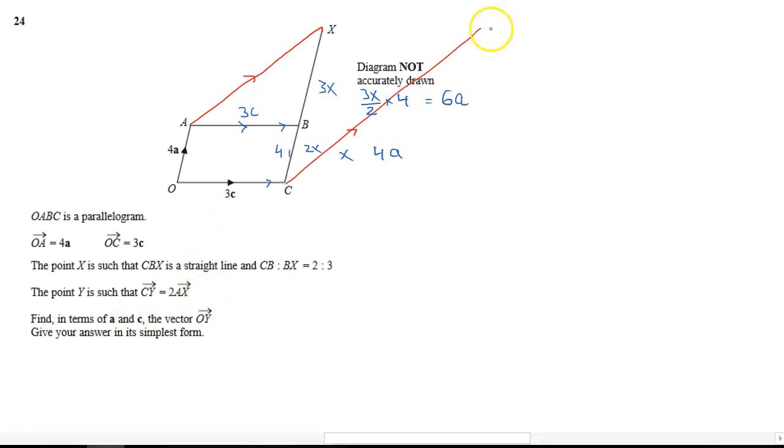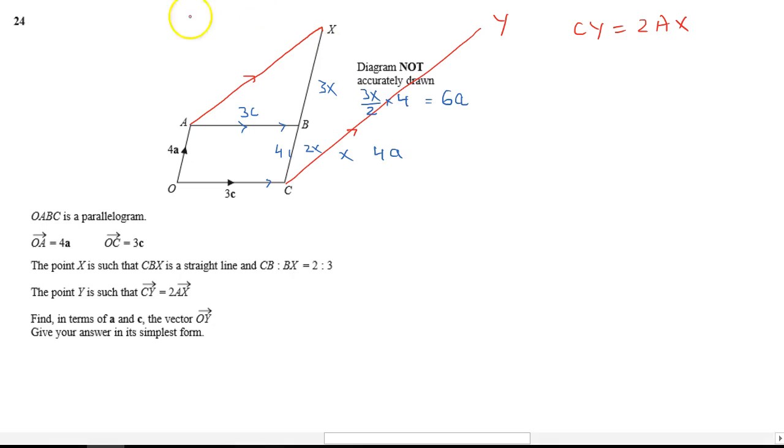CY is equal to 2AX. Its magnitude is more, that's all. So CY is equal to 2AX. That is okay. Find, in terms of a and c, the vector OY.